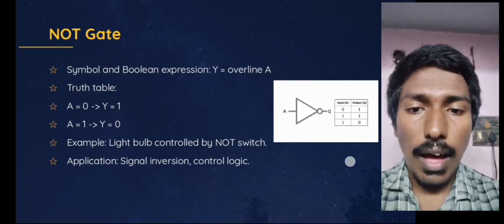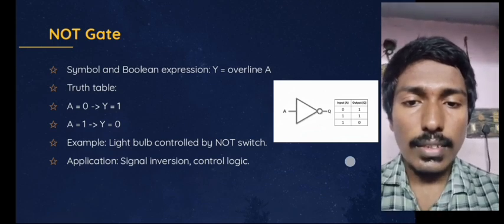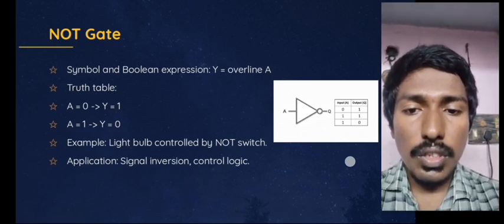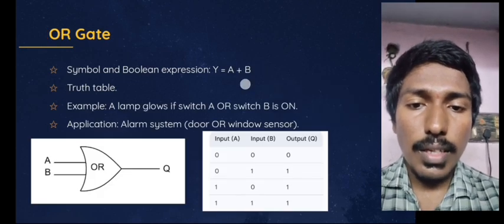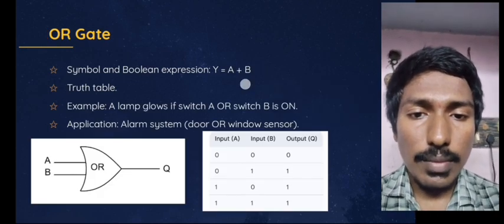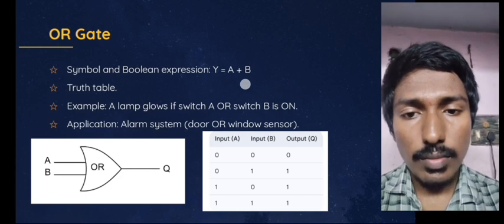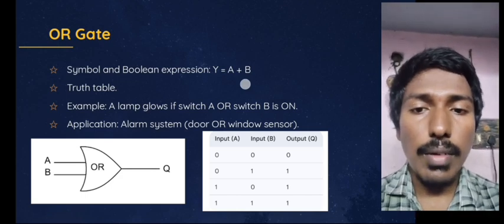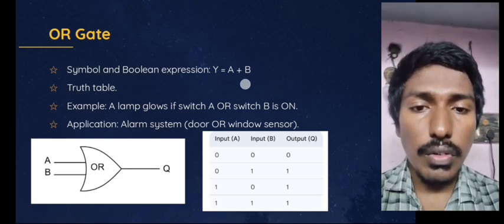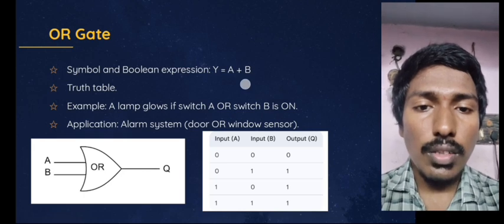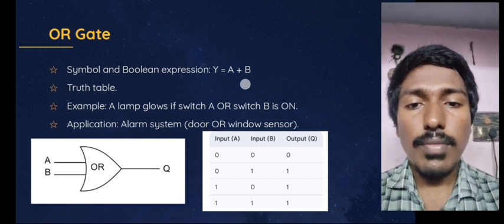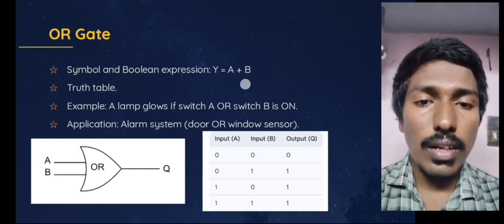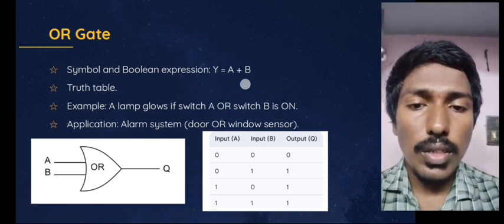OR gate. If you see the OR gate symbol, there is a curved shape. In the truth table, if we give 0, 0, the output is 0. If you give 0, 1, the output is 1, because 0 is added to 1.